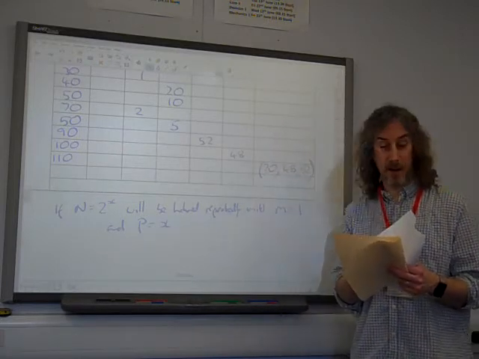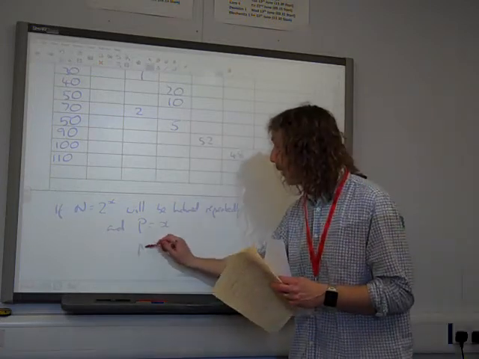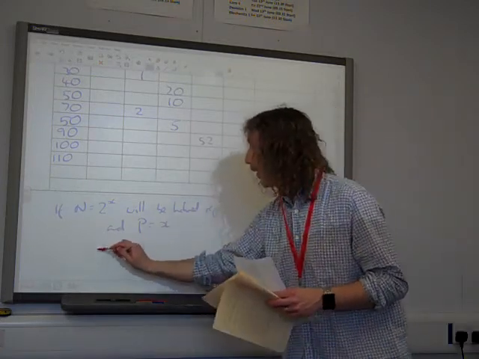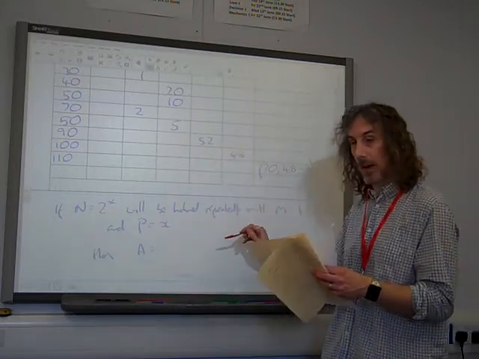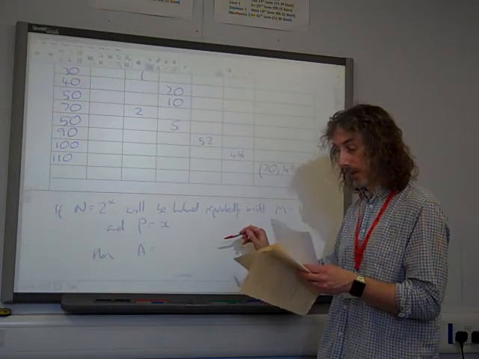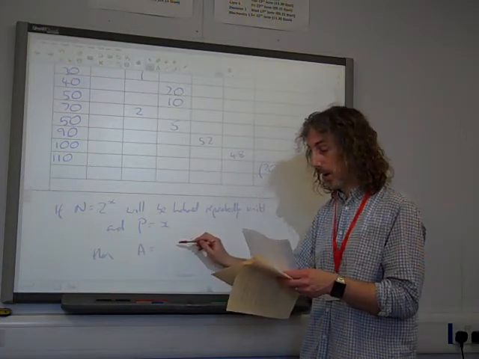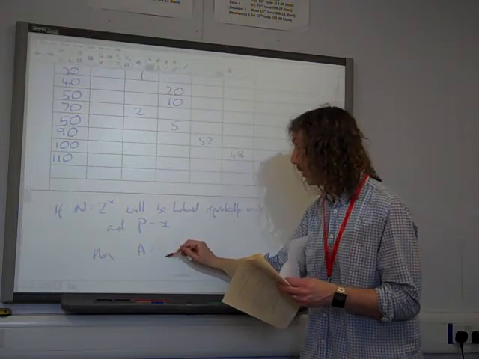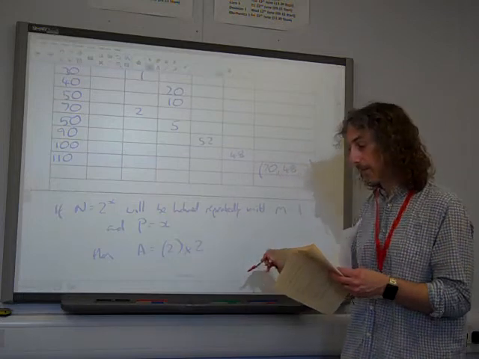So a is m squared plus 1 times 2 to the p minus 1. What is that? So m squared plus 1, but we have now set m as being 1. So that is 2, times 2 to the power of p minus 1.